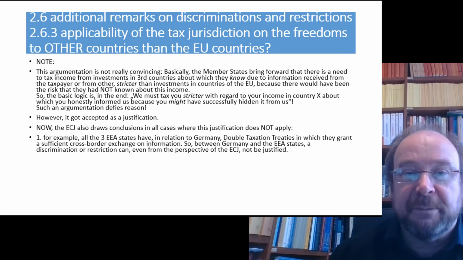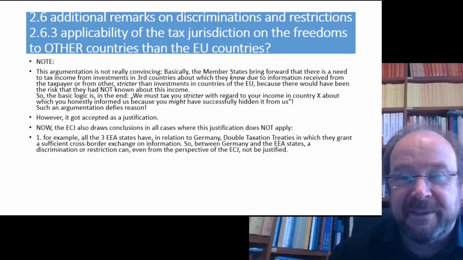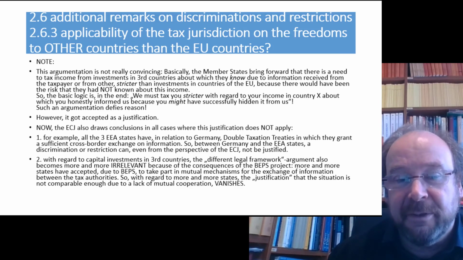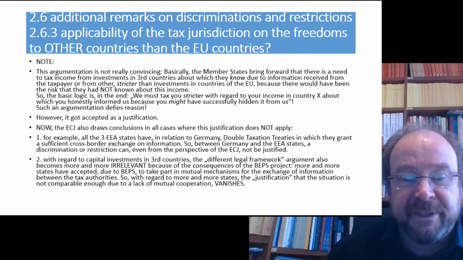So at least for Germany, the rule is the three EEA states have in the tax area a fully comparable status to all the other states of the EU when it comes to testing of discriminations and restrictions.